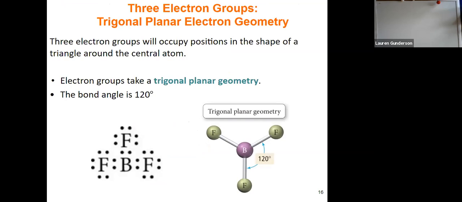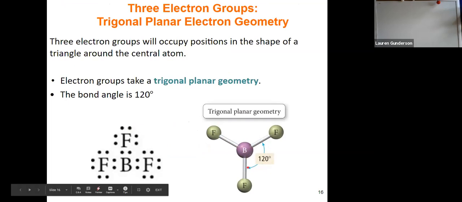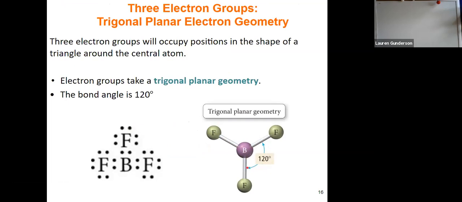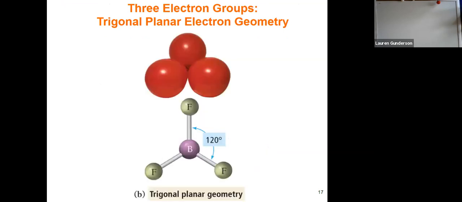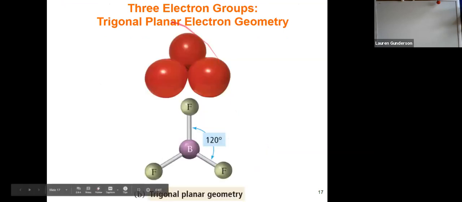So 3 electron groups are going to have a more triangle position around your central atom, and in a perfect molecule, you'll have 120 degrees between the terminal atoms. That's sort of what that looks like there in space.